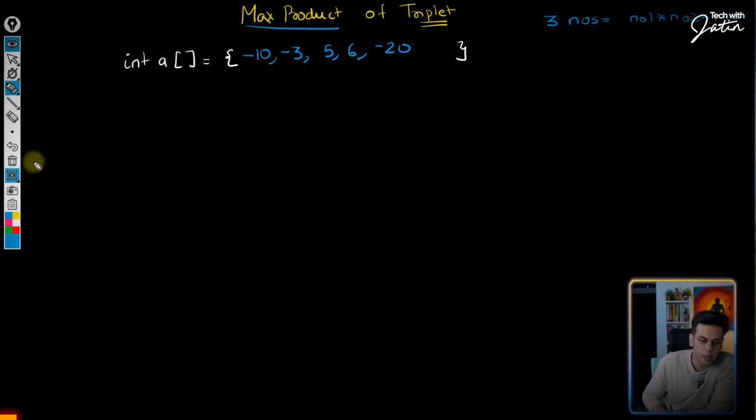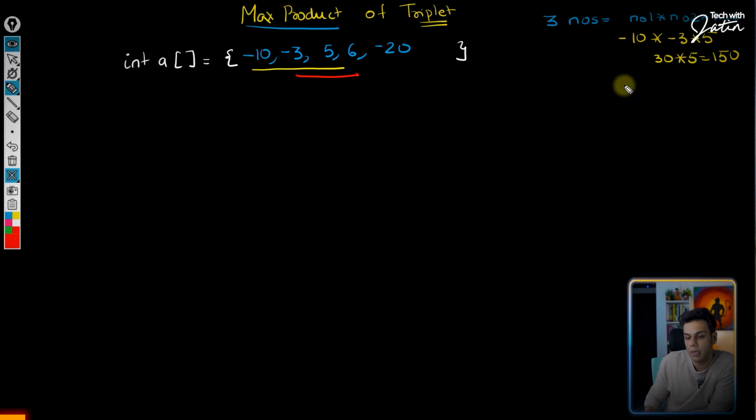Let's say I take the first three numbers, minus 10, minus 3, and 5. Multiplying minus 10 into minus 3 into 5 gives 30 into 5, so the answer is 150. Now let's take the next three numbers, minus 3, 5, and 6. That's minus 3 into 5 into 6, which is minus 3 into 30, which is minus 90.